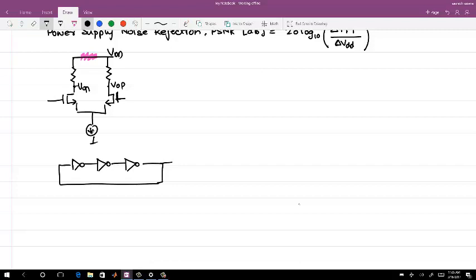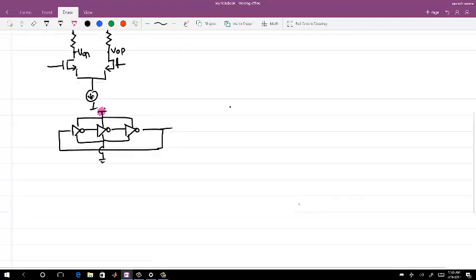Whereas in the case of a ring oscillator, this is all directly connected to supply, this is ground, and this one is VDD. So any noise here directly appears at the output with whatever gain it has. Yesterday I also said that this is V control, and fout equals KVCO times V control. Now VDD itself acts as a V control.